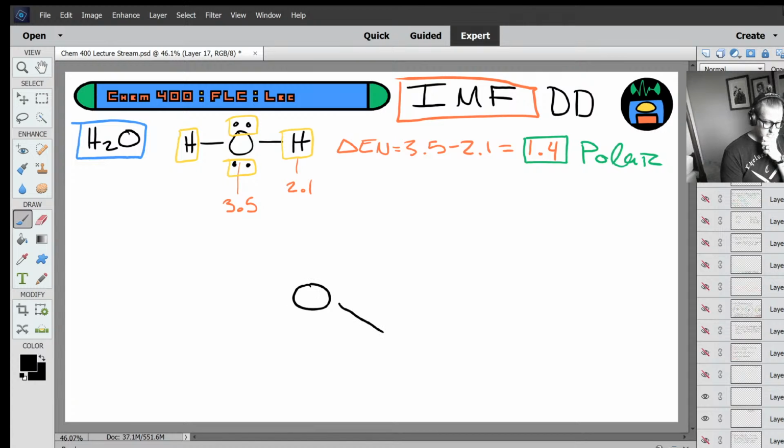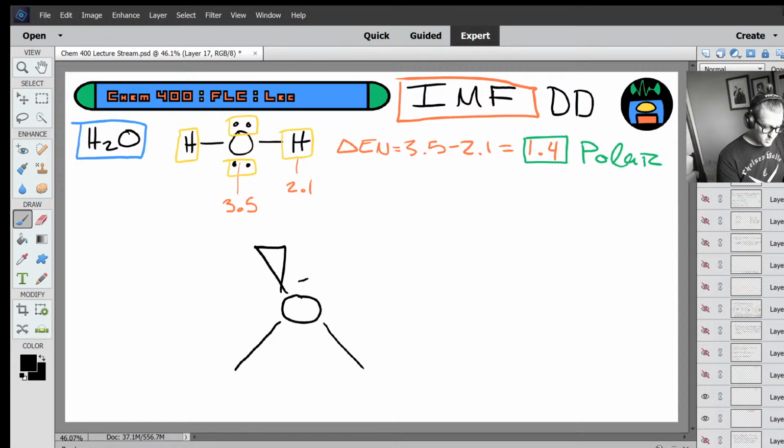And every tetrahedron is the same. There are 2 electron groups that are in the plane of the board or page. And then there is 1 wedged and 1 dashed.